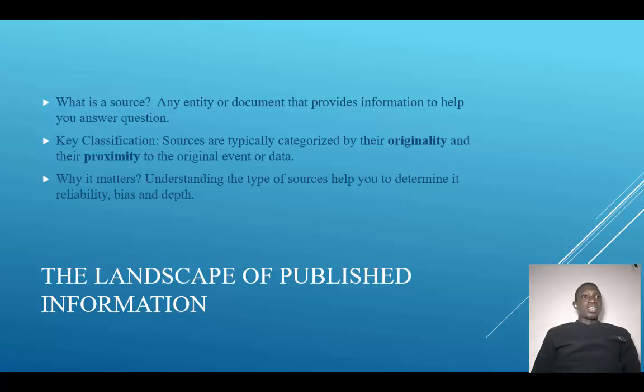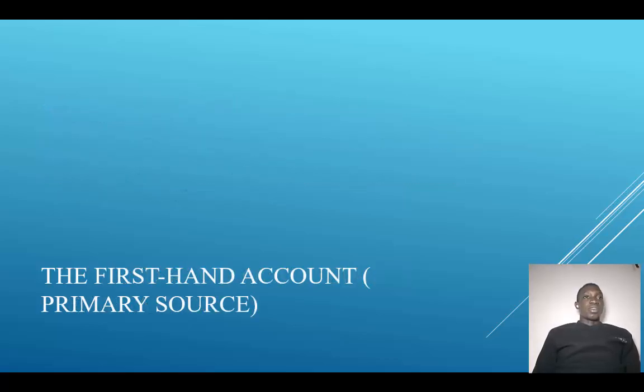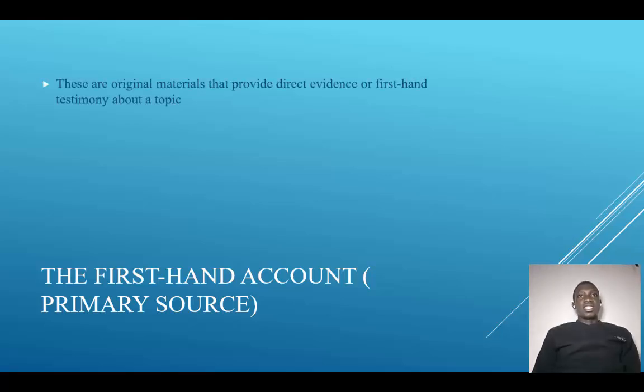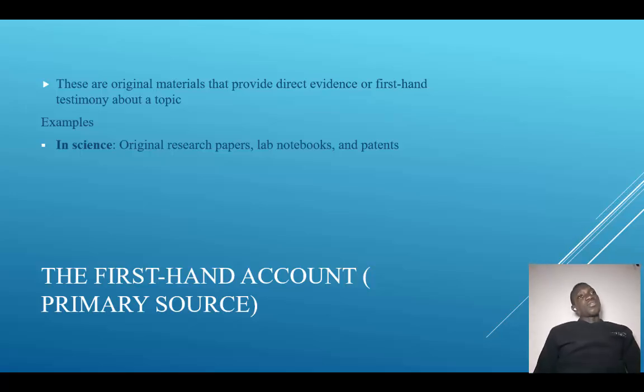The first-hand account or the primary source. By definition, these are original materials that provide direct evidence or first-hand testimony about a topic. Some of the examples: in science, information is taken to be first-hand from original research papers, lab notebooks, and patents.